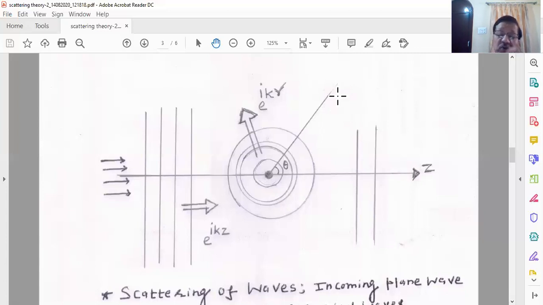Now you have your scattered wave at large distance, and one can use the Schrodinger wave equation, because basically you have a system of two particles. You have an incident particle and you have a scatterer, right?